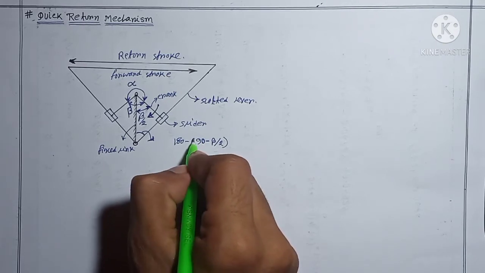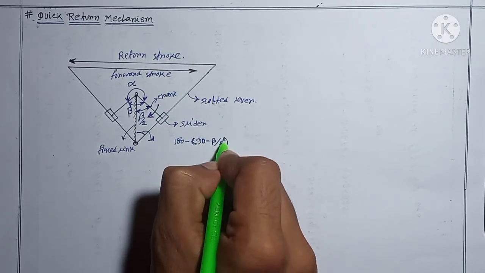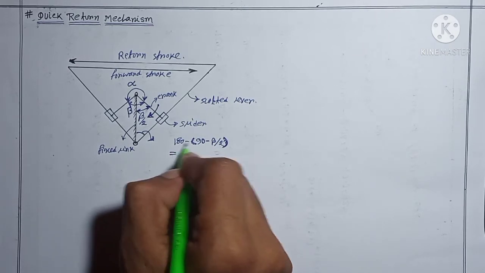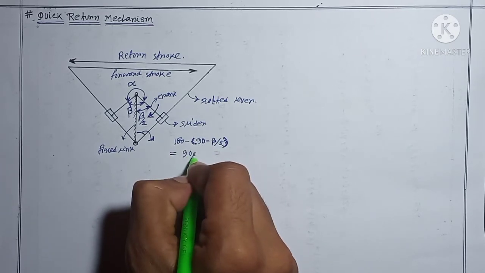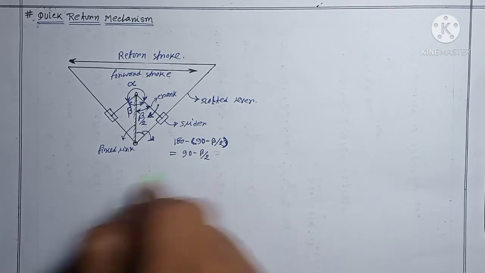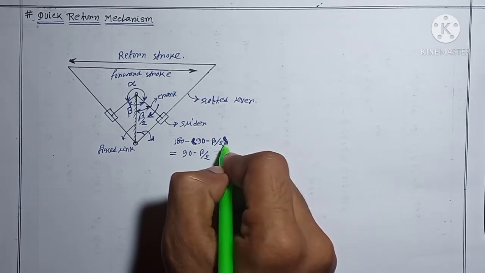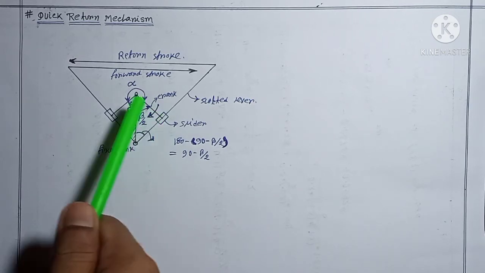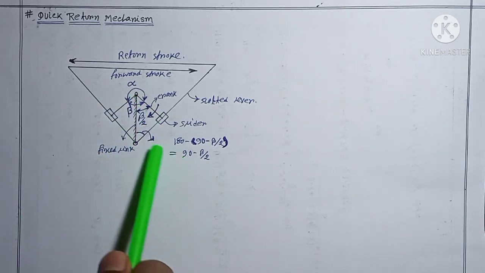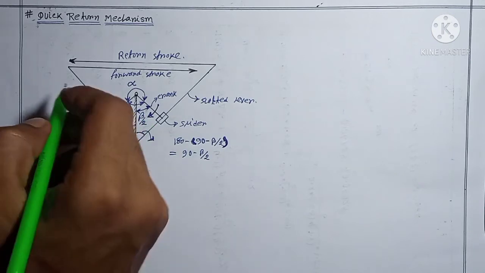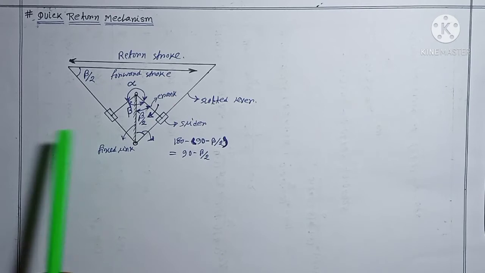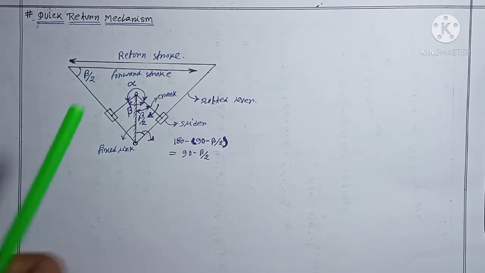The 90 minus beta by 2 is not within brackets; simply 180 minus 90 minus beta by 2, so 90 minus beta by 2 is this angle. And if we carefully observe, this other angle also is beta by 2.